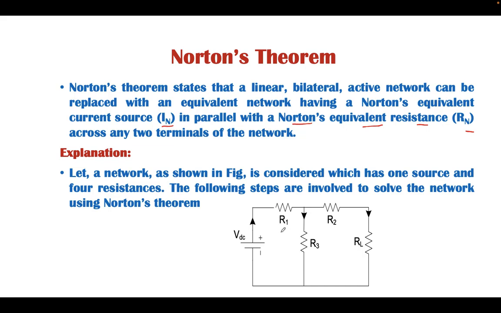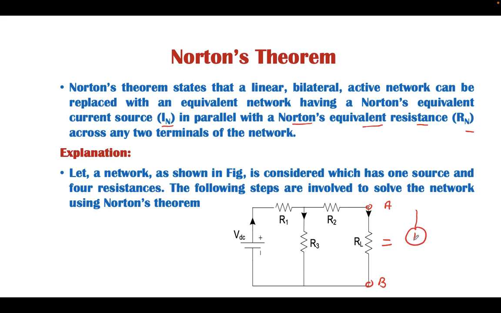Now any two terminals of the network here means, let's consider these are the two terminals A and B, and we want to find the Norton equivalent circuit across terminals A and B. This resultant network here has only one source and three elements. A network may have thousands of sources and thousands of elements that can be replaced by an equivalent source.